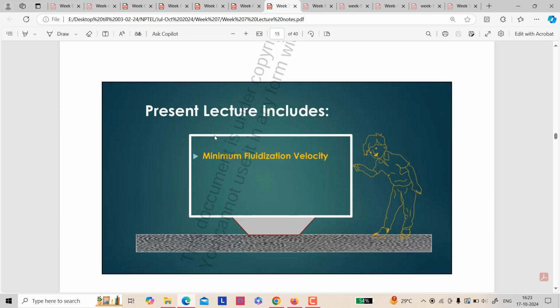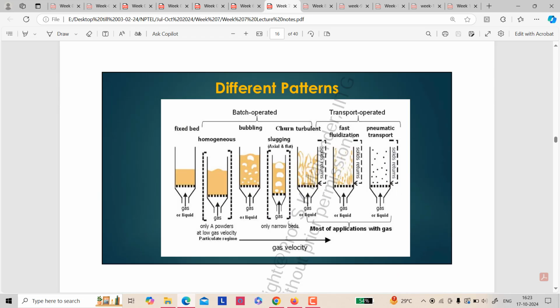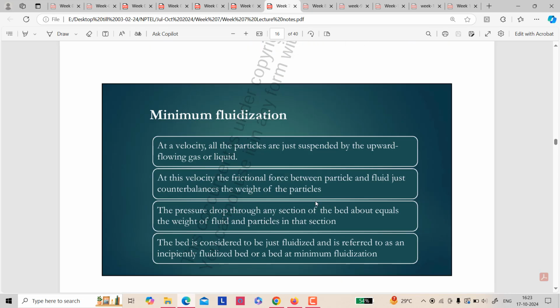Now comes the minimum fluidization velocity. So here comes the minimum fluidization velocity moment. At a velocity where all the particles are just suspended by the upward flowing gas or liquid, it is called the minimum fluidization. That means fluidization is just starting inside the bed. What happens at this velocity?